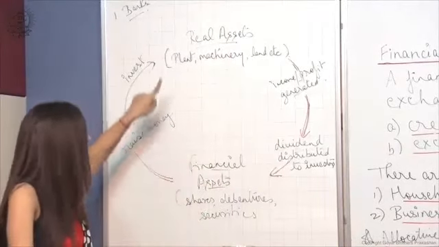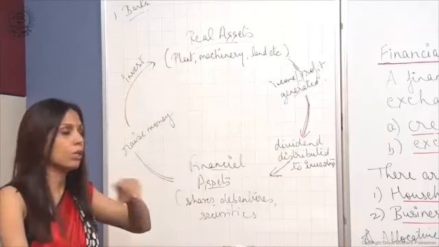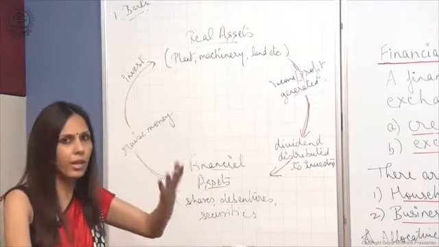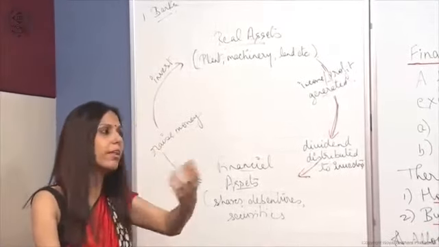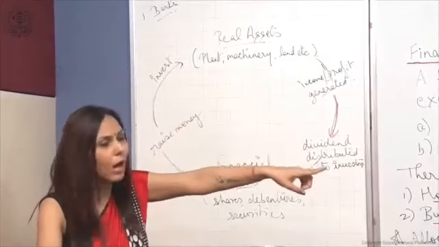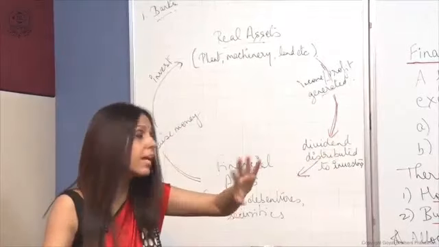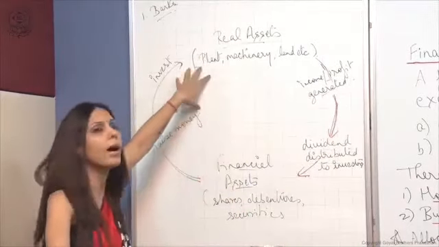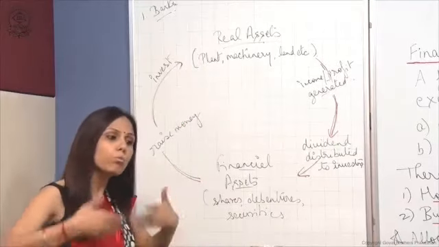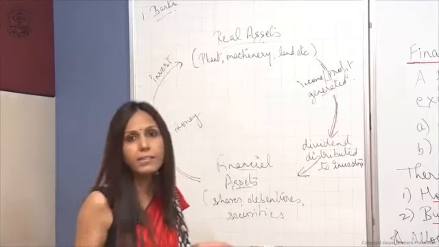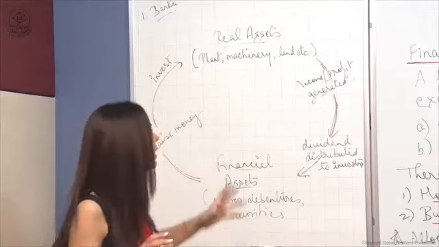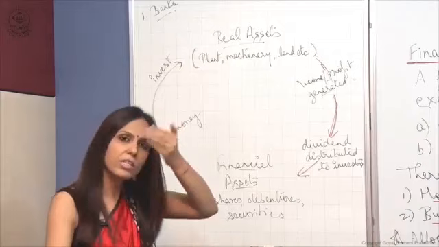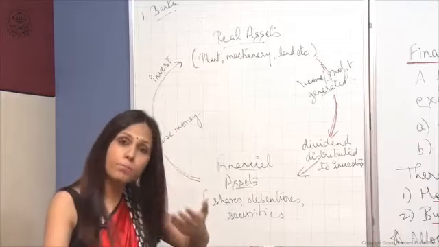Now a company raises money through these financial assets. They issue shares, they issue debentures and they fetch money from the household savers, and further they utilize that amount to buy real assets or to increase their wealth, for capital formation purposes. Once they invest, they earn some profit out of it.